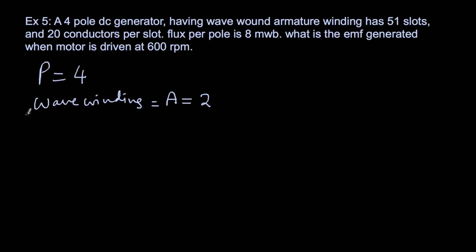How do you remember? Because wave winding has 2 sharp edges at the top, not counting this one. So that is 2. Anyway, let's continue. The wave wound armature winding has 51 slots and 20 conductors per slot. So total conductors is nothing but slots multiplied by conductors per slot.